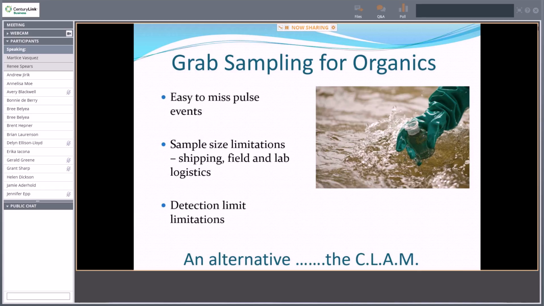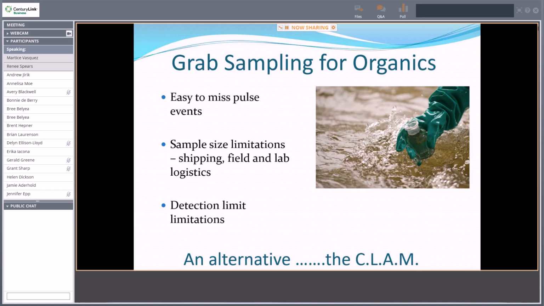And then in terms of shipping, those amber glass bottles are prone to breakage, so that can be an issue in terms of shipping samples. Also, it's very costly to ship a lot of water samples. And then just generally in the lab, there's only a certain volume. A lab is going to have a hard time handling 20 liters of a water sample to process. So those are just some limitations associated with grab sampling.